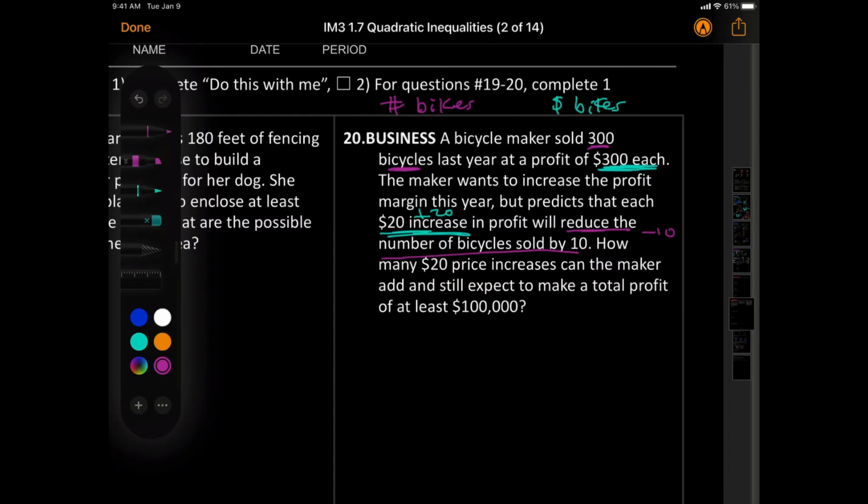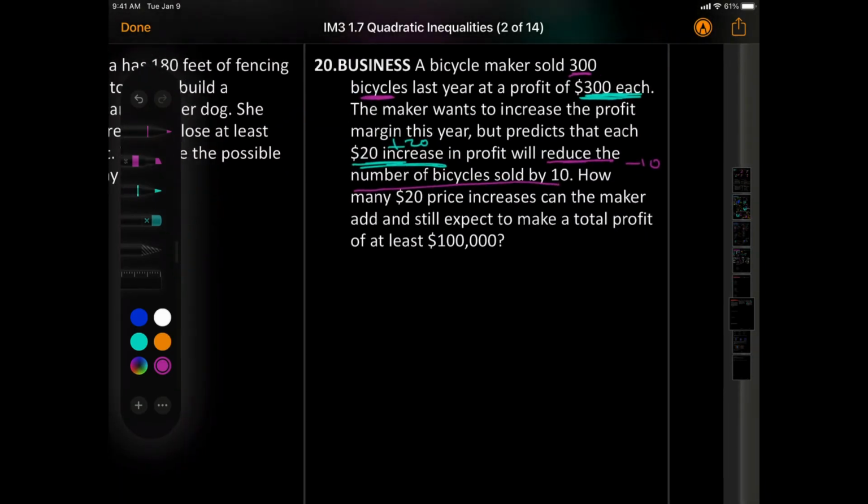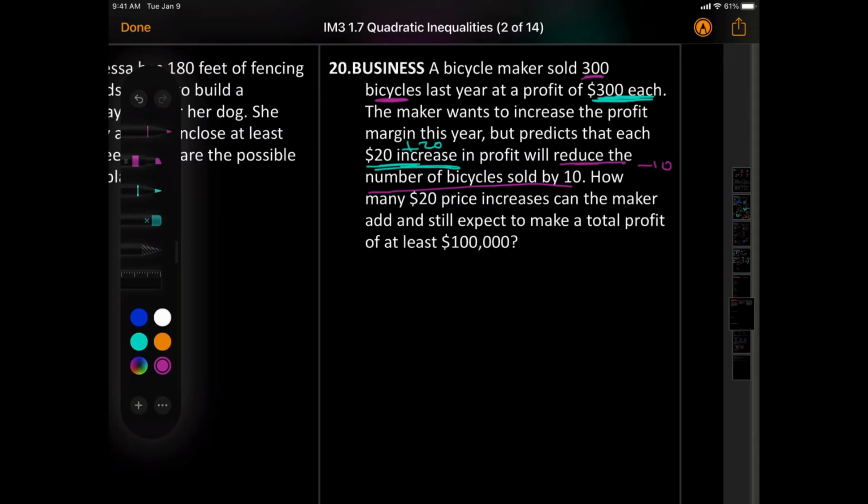Okay, so let's make an equation here based off the information we have. So the number of bikes, we're going to start off with 300. And the number of bikes decreases by 10 for every increase.